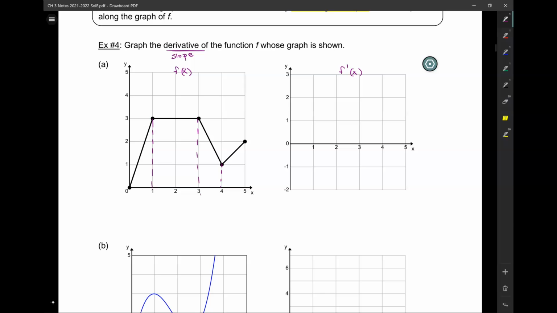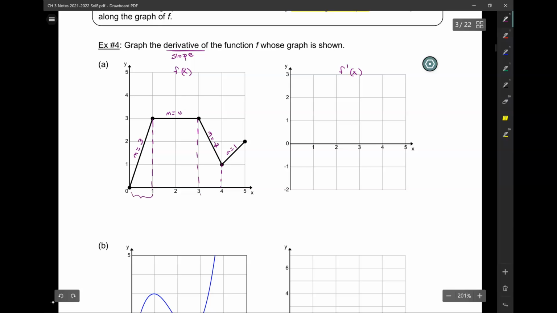In the first segment, the slope, like algebra 1 style, rise over run, is 3. Here, 0. Here, minus 1 and 1. 2, yeah. So now, look at what this says.